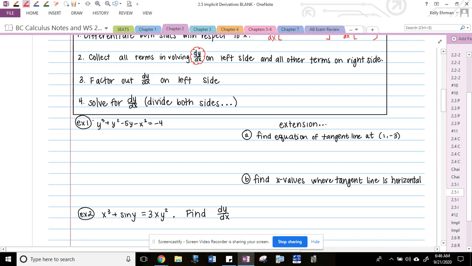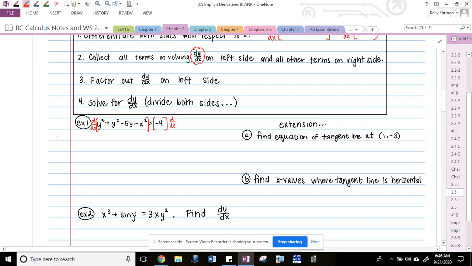So first step, differentiate with respect to x on both sides. Now I don't have room to squeeze in the d dx, so I'm going to just do it on the right side there. So with respect to x, anytime you have a y, you need to make sure after that term that you multiply by dy dx.